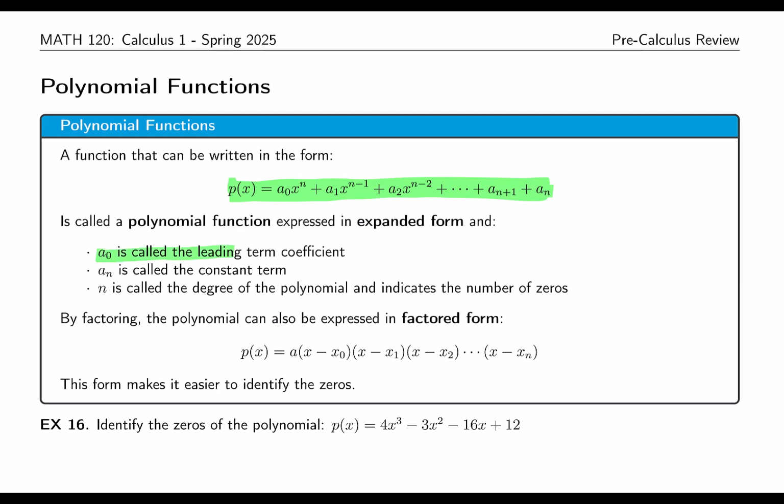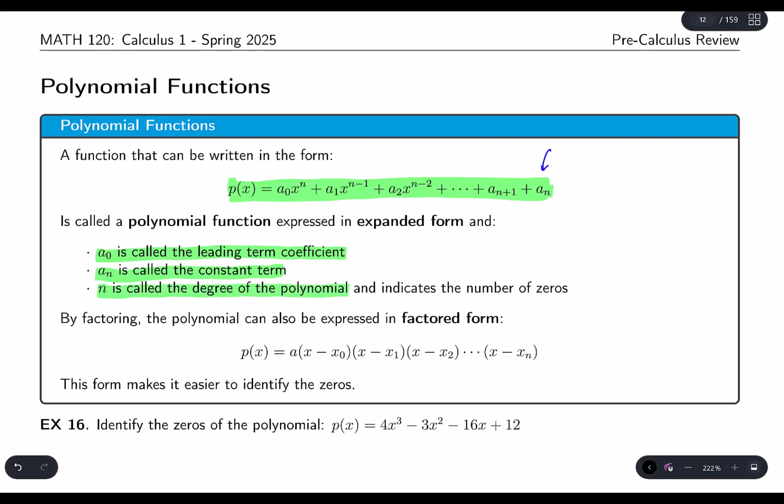A sub 0 is called the leading term coefficient and is generally pretty important when it comes to determining some properties of polynomials. A sub n is called the constant term, so that's the one that is kind of the caboose of the train. And then n is the degree of the polynomial. So that's the highest exponent that exists on your variable.